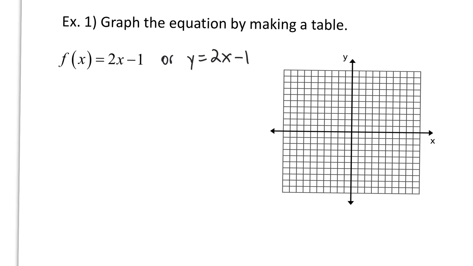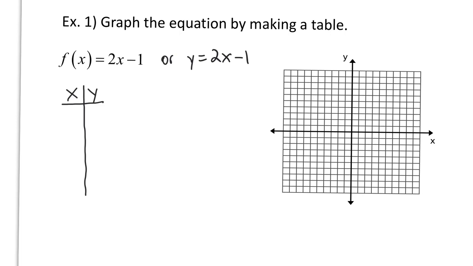When you construct the table, notice I don't have a table here. So if you don't have one, you can make your own table by using a t-table. And this is what I like to use. I make a t-table like this, and notice that this is kind of like a long t. That's what we call it, a t-table. Sometimes you guys have a table going sideways from left to right. That's a horizontal table.